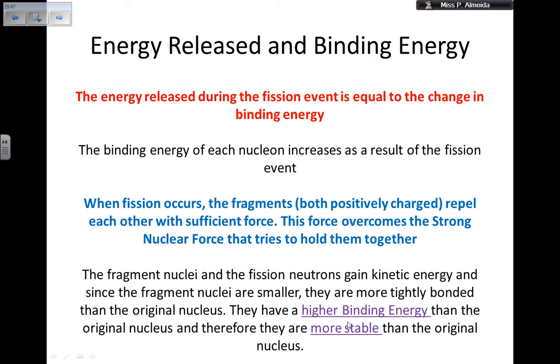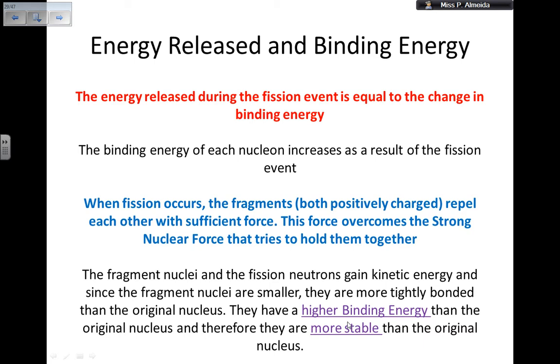So when you have fission, the fragments, which both have a positive charge because they are made of neutrons and protons, so overall they are positively charged, are going to repel each other with a certain force. And this force needs to overcome the strong nuclear force that tries to hold the nucleons together in a nucleus.